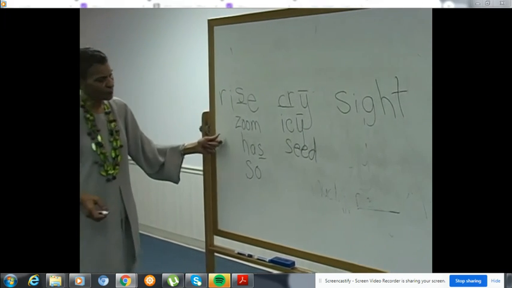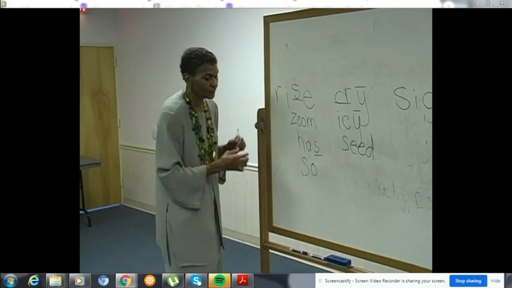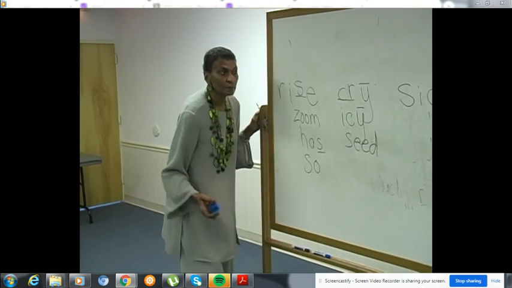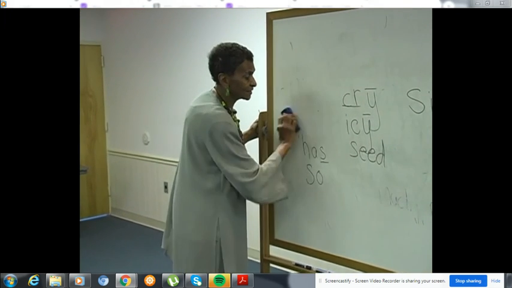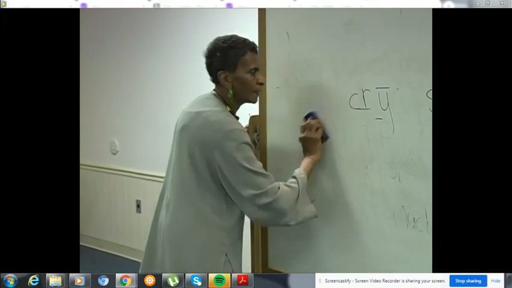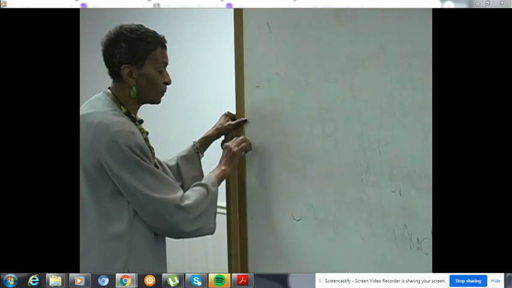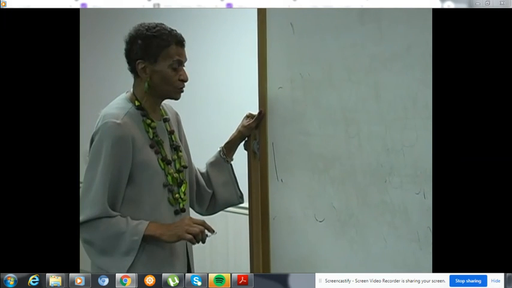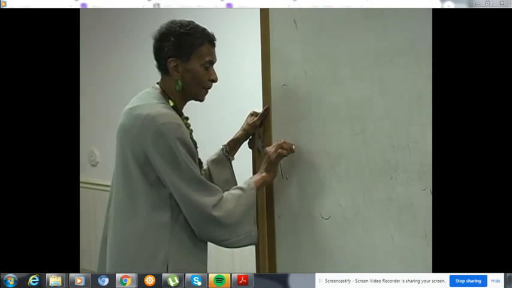Now again, after we've taken the sounds in isolation and the words, then we will call volunteers to the chalkboard to use the words in sentences. The teacher will dictate the sentence. Now, boys and girls, you pay attention to make sure Robert is writing the sentence correctly.